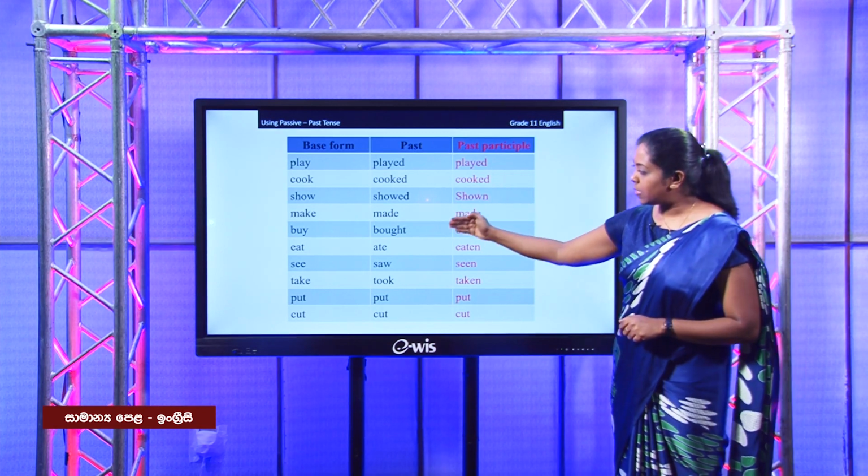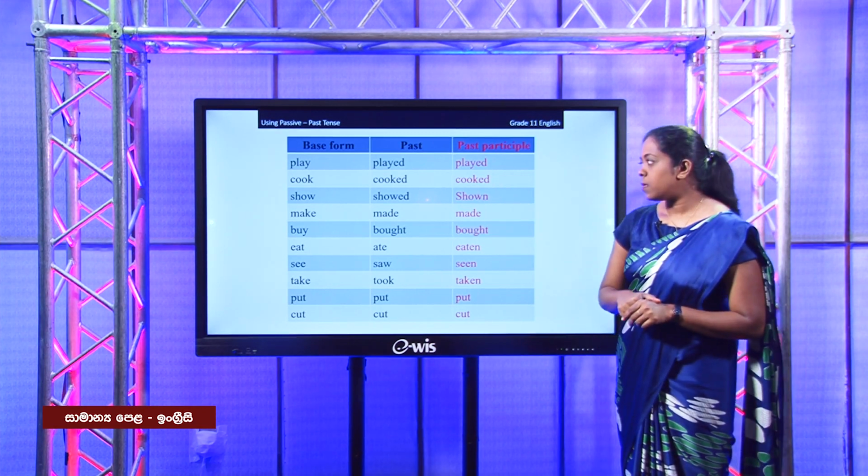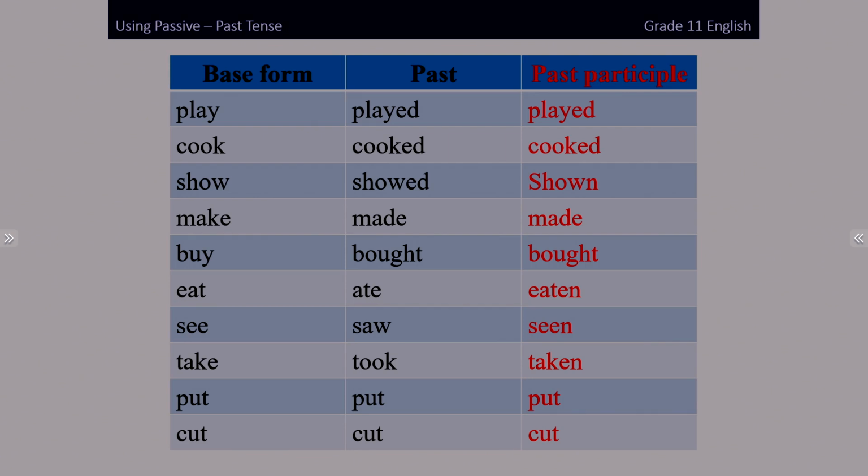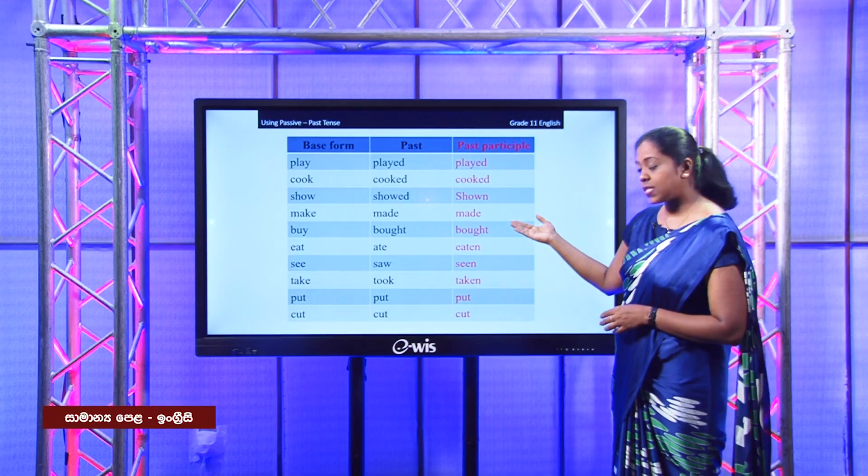Right? Okay, come down to the other words now. Make, made, buy, bought, eat, ate, see, saw, take, took. All these words have changed. We have not added ed there. So these are irregular verbs, and they have their own past participle form. Except for this word made, it is the same.